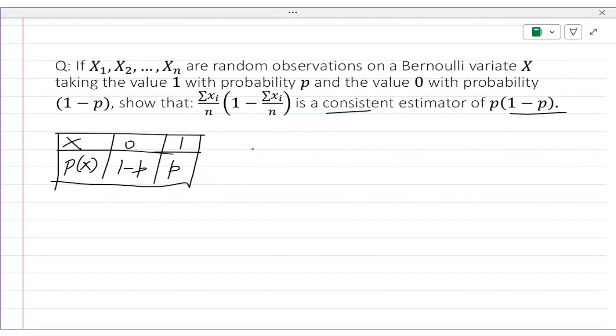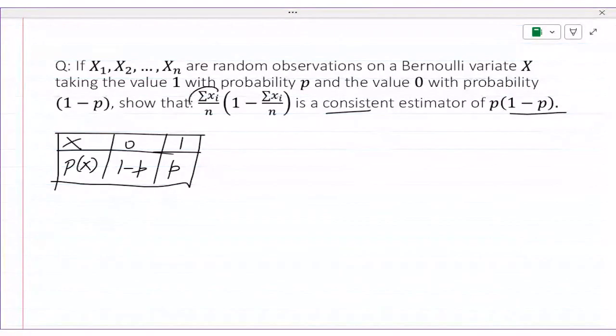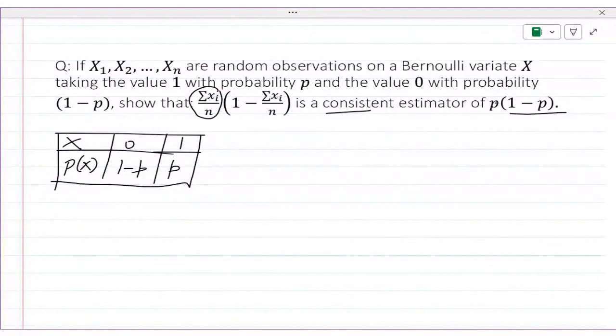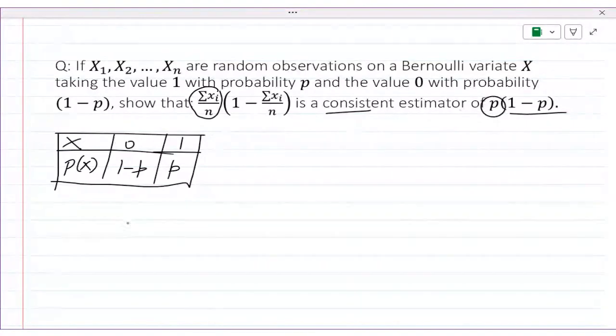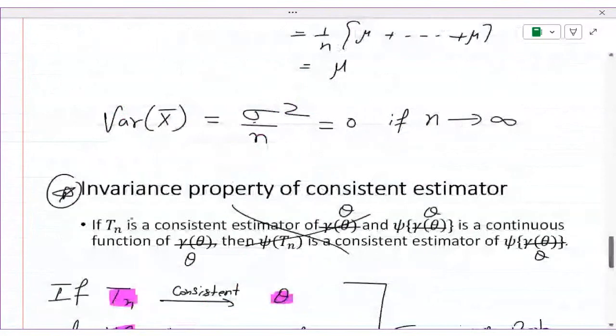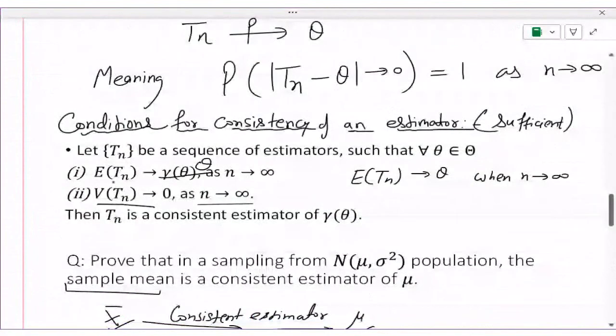Okay, students, so first what I will do, I will show that the sum of xi divided by n is a consistent estimator of p. So how will I show it? You know this property that you will use: I will show that the expectation of this is equal to p and the variance approaches 0.